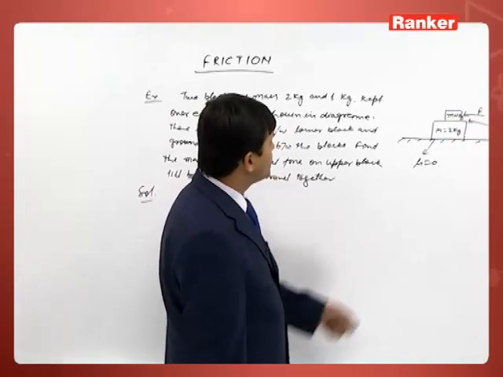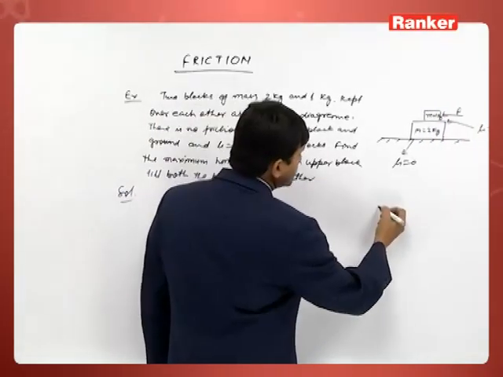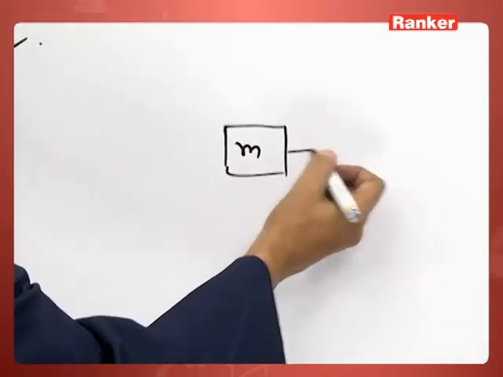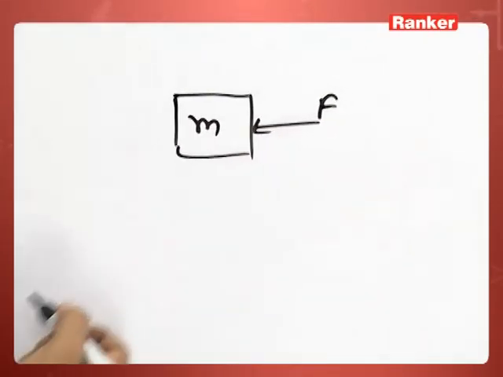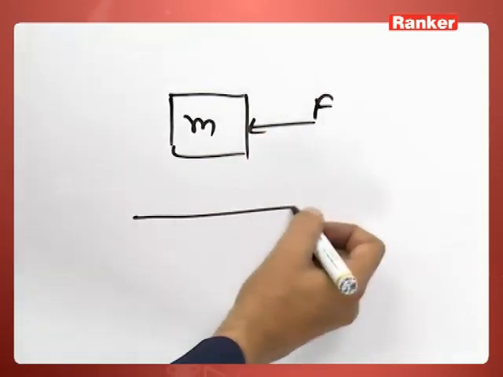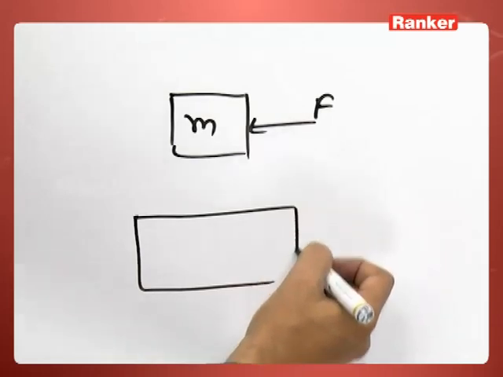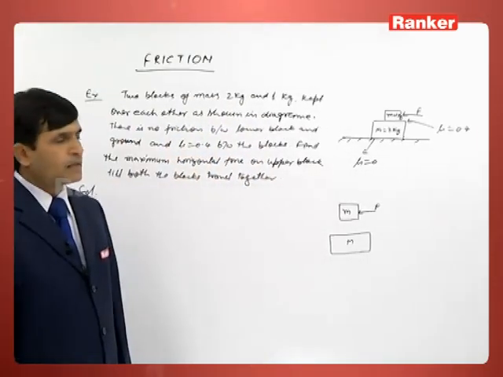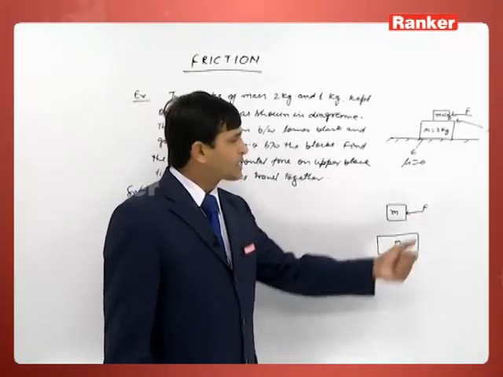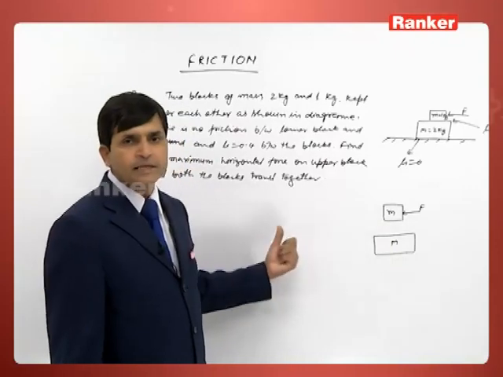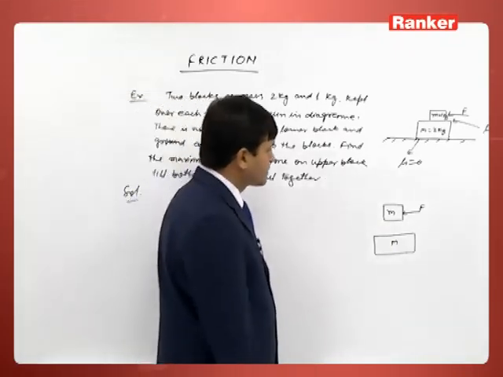Now, if we are looking at the individual blocks, the upper block is this, force is acting on the upper block, and the lower block is this. As the force starts acting on the upper block, the upper block has a tendency to move in the leftward direction.